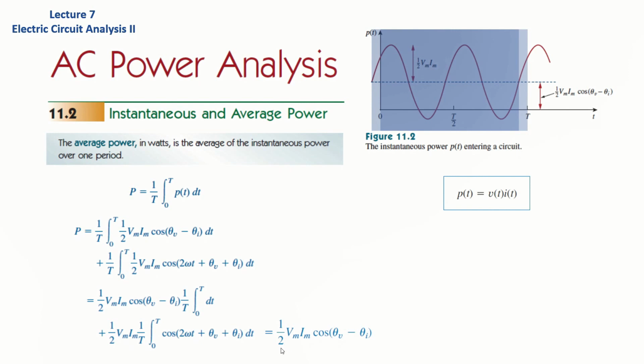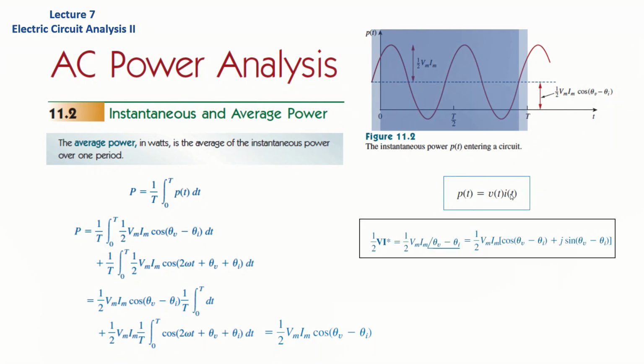Now the next challenge we have is to represent this average power in the phasor domain. So we write the phasor of voltage, and then we write the phasor of current. We are writing this expression in this way because here we have 1 by 2, so we write 1 by 2.